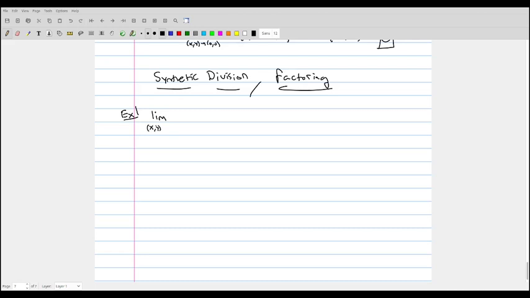as (x, y) goes to 0 of x cubed minus xy squared plus yx squared minus y cubed over x plus y.